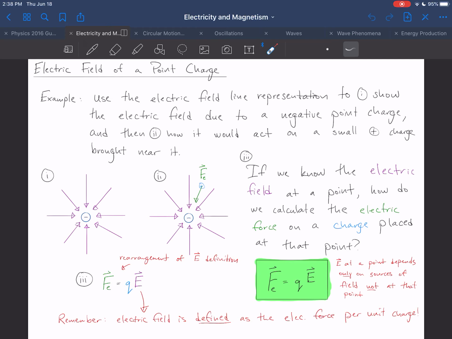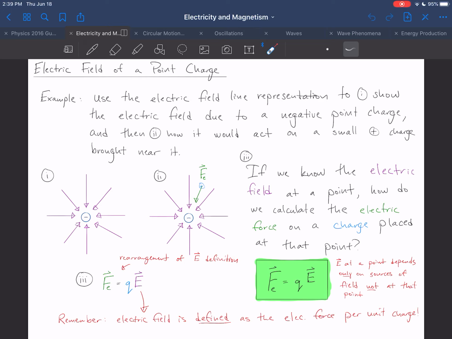So if you know the electric field, that purple representation, you can calculate the force on that small charge by remembering that the electric field is produced by a particular charge, and then that electric field reaches out and applies the force to the external charge. So we rearrange the electric field definition, which was initially E equals F divided by q.